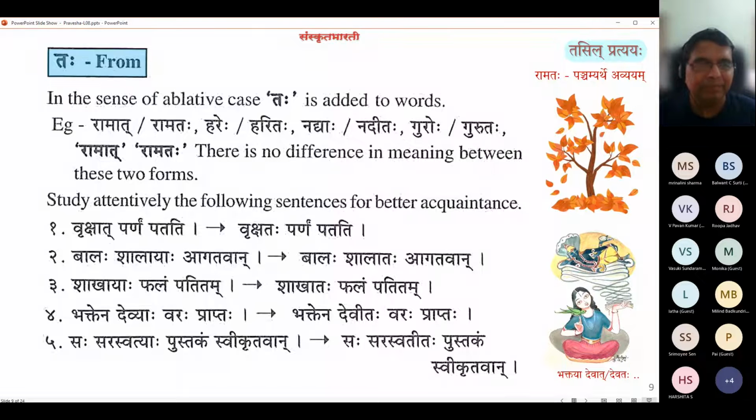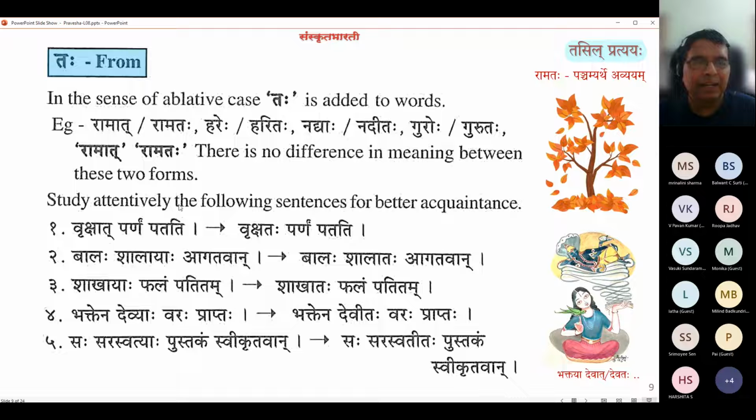Hari, Haritaha, Mati, Matitaha. Nadi, Naditaha. See, Nadi, Nadyaha, it's not easy to remember, right? See, Naditaha, very easy. It bears fruit with the more complex declension cases. There is no difference in meaning between these two forms.